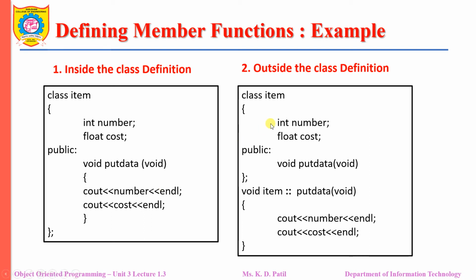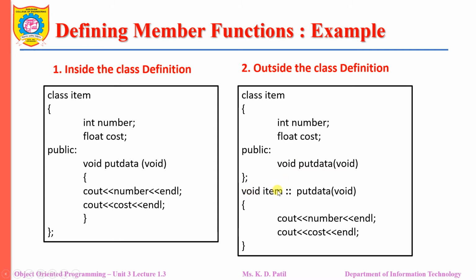Now here I have the same class item, which has the same data members number and cost, and here I have a member function putdata. But now if you observe here, the data type of that function is written. Here void is the return type of my putdata function, so according to the syntax I have written void.